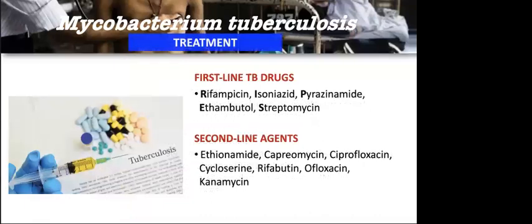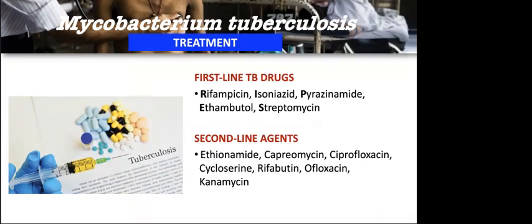Now, this infection is again treatable. We have a wide range of antimicrobial drugs that can be used to treat tuberculosis. So we have the first line of TB drugs, which has the mnemonic RIPES: rifampicin, isoniazid, pyrazinamide, ethambutol, and streptomycin.